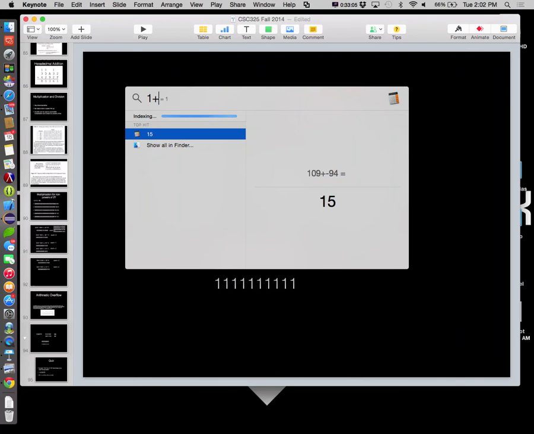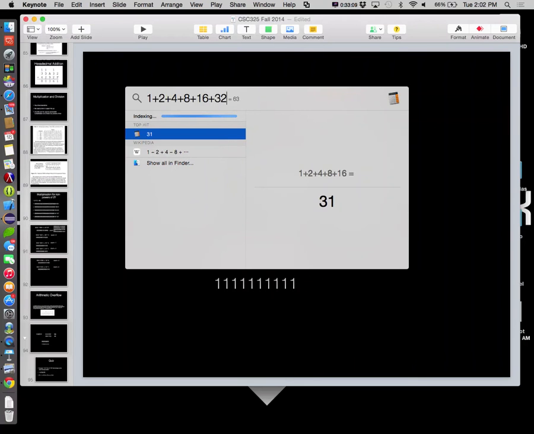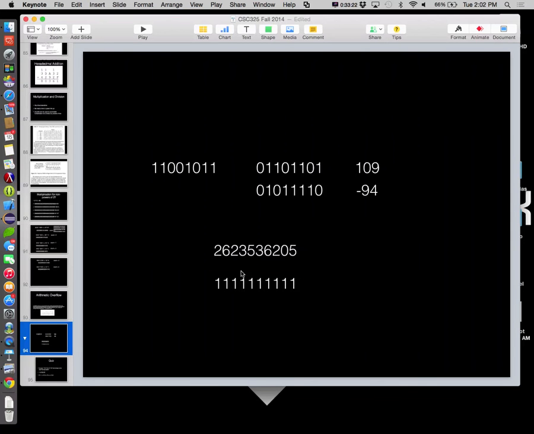This is 1 plus 2 plus 4 plus 8 plus 16 plus 32 plus 64 plus 128 plus 256 plus 512. That's 1023, the biggest number we can store in 10 bits. Is that less than 123? A lot bigger than 123. So a 10-bit number is not going to cut it.